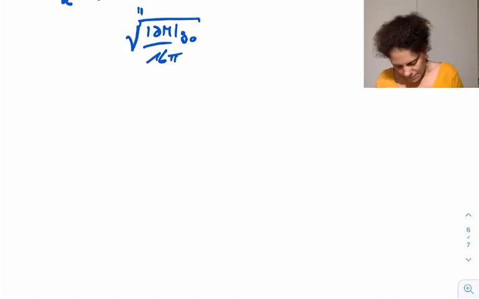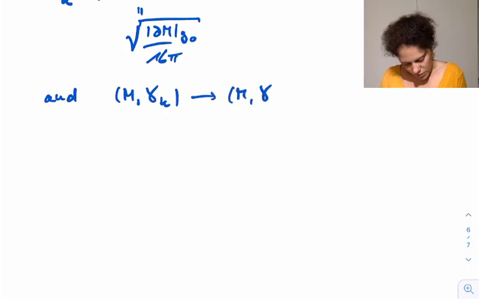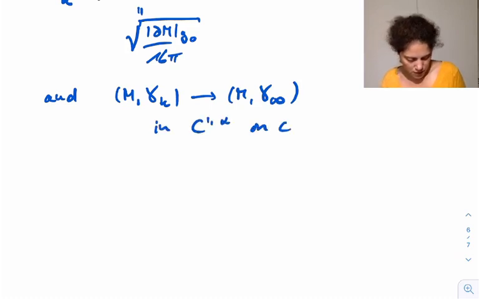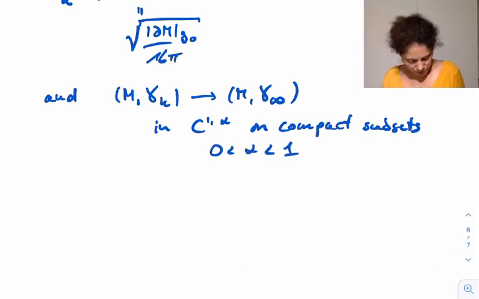And moreover, on this manifold, these metrics converge to the metric gamma infinity in the C1,alpha topology on compact subsets, where alpha is any number strictly between 0 and 1.